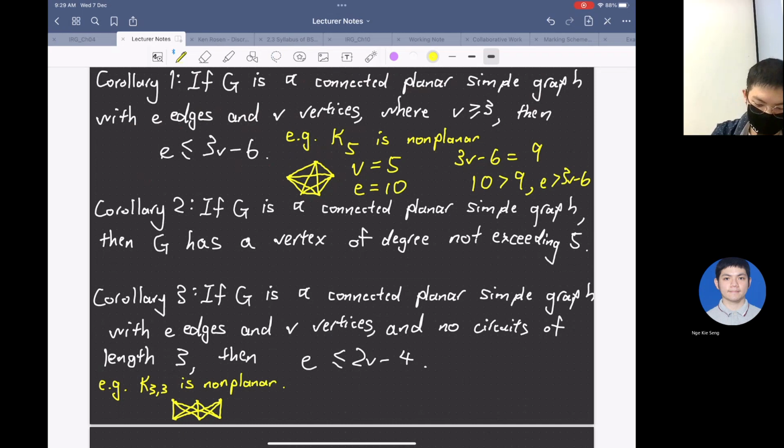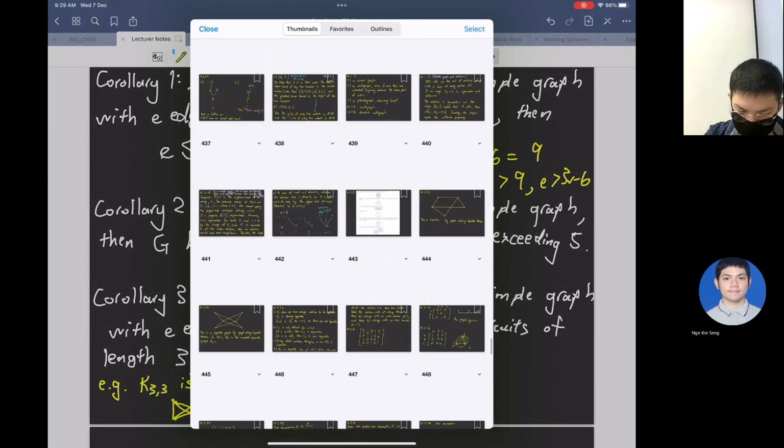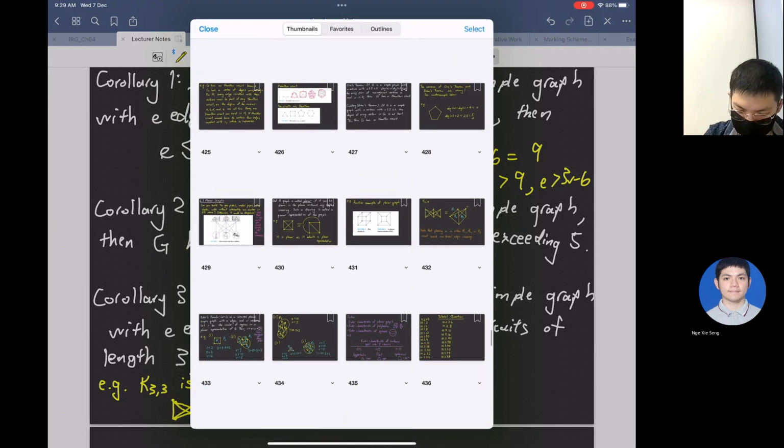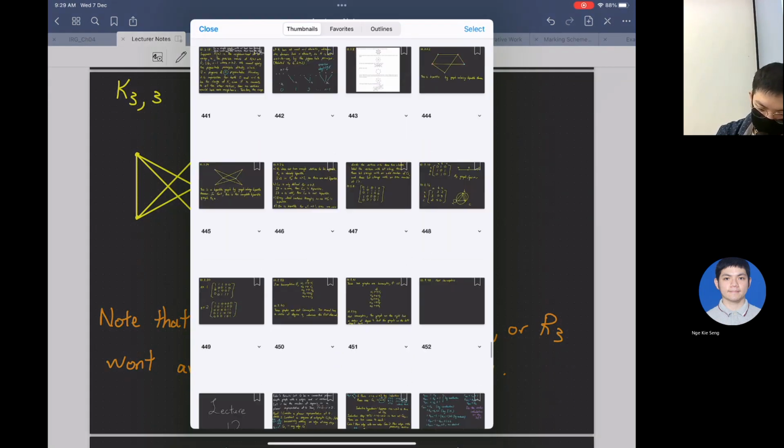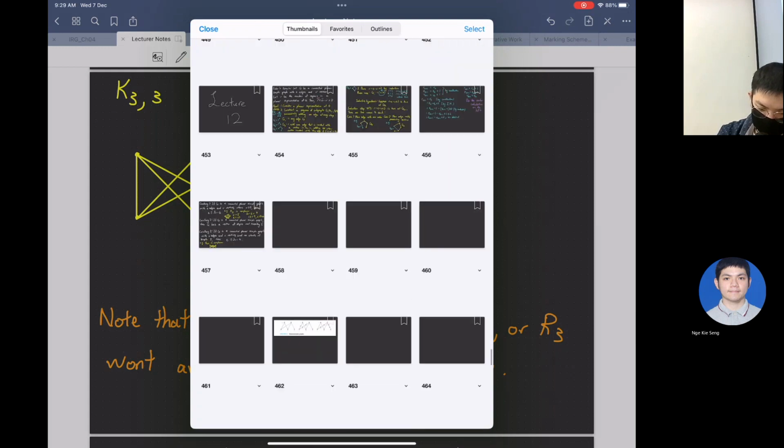I tried to find an isomorphism, but when I tried to place the last vertex in three possible regions, we couldn't get rid of the edge crossing. And today we use this theorem again to show that it is non-planar.